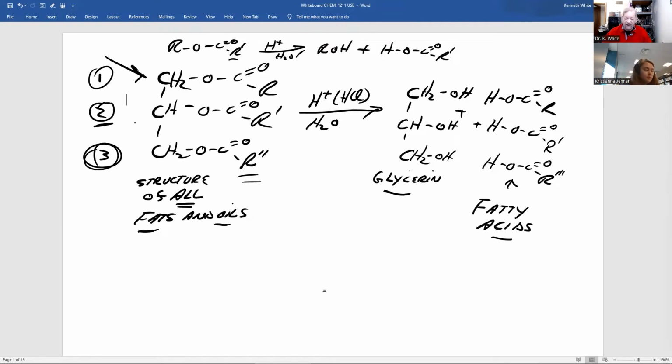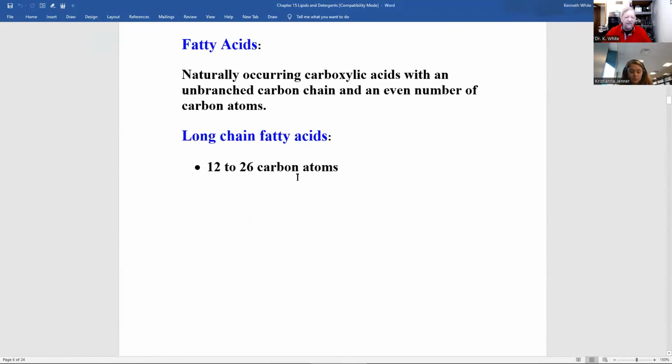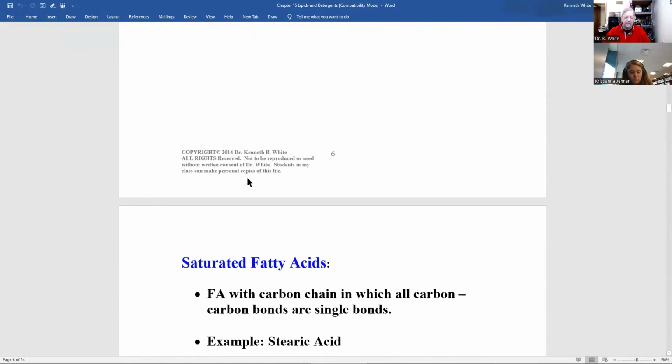And on Monday, I was finishing up fatty acids, and I'll never ask you what is a fatty acid, but they're long chain carboxylic acids. They're called fatty acids, and they have from 12 to 26 carbons.